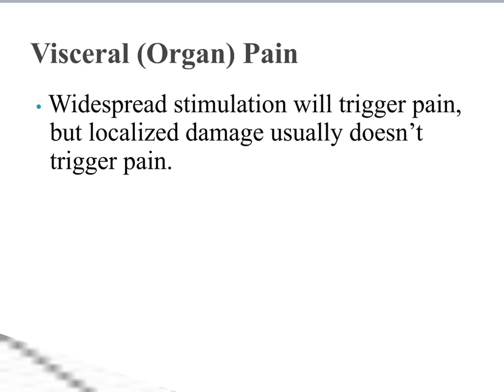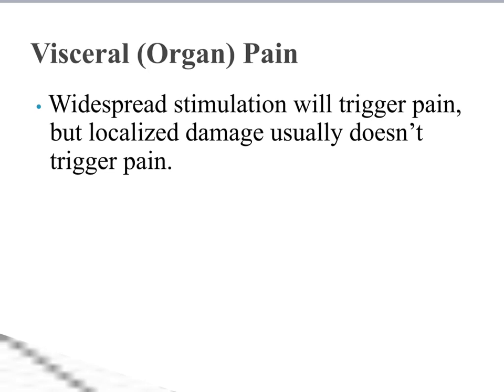So there are different types of pain in our body. Our organs or our viscera, which we call visceral pain, they don't respond to small tissue damage. So it usually has to be a widespread area for us to actually feel pain in an organ, like in our stomach or our intestines.